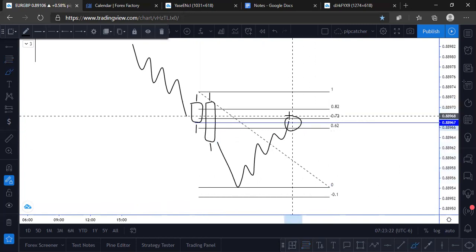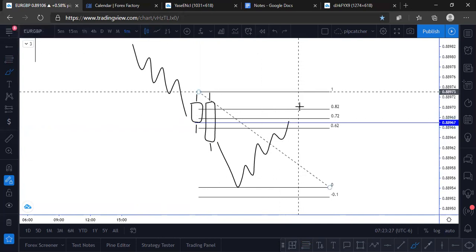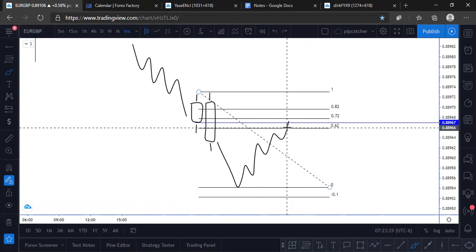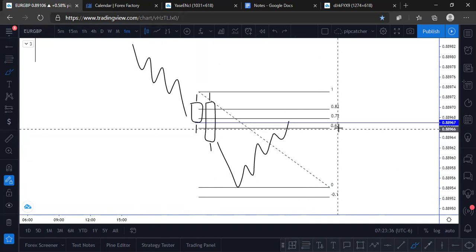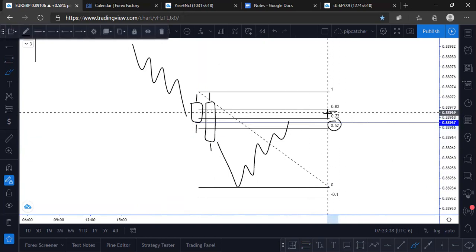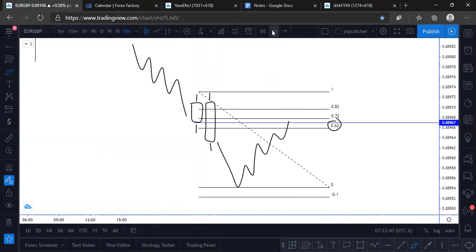So in this particular area right here, we're anticipating, we're not guessing, we're not forcing it, we're not trying to just get in because of a 62 or a 72. No, we are basing these expansions and retracements and Fibonacci levels solely off of structure.